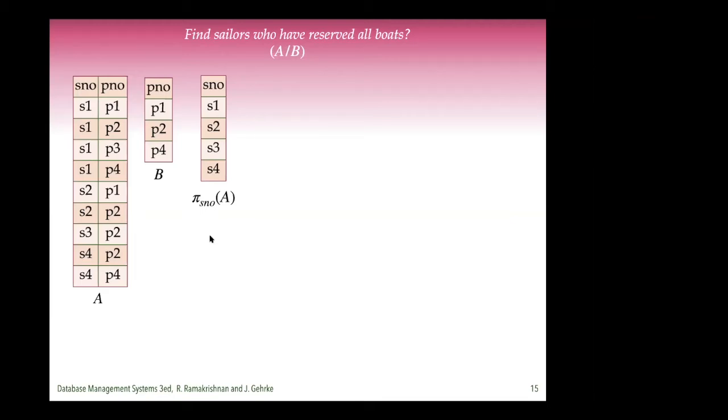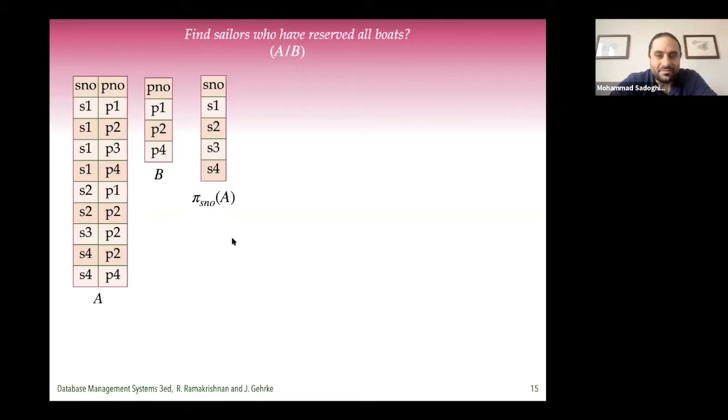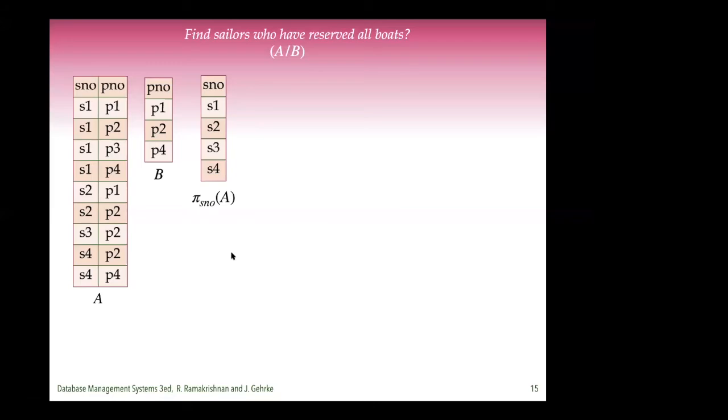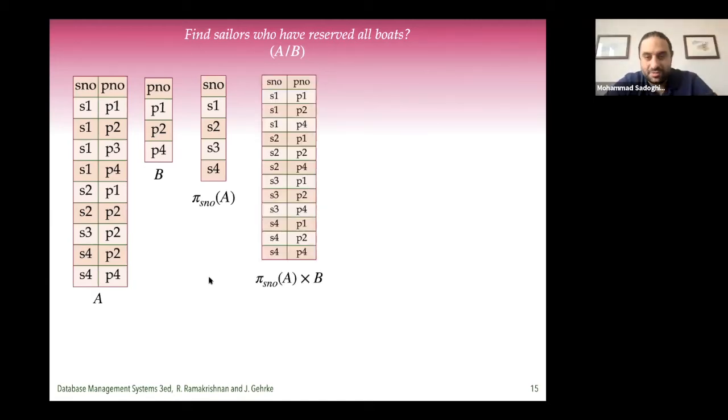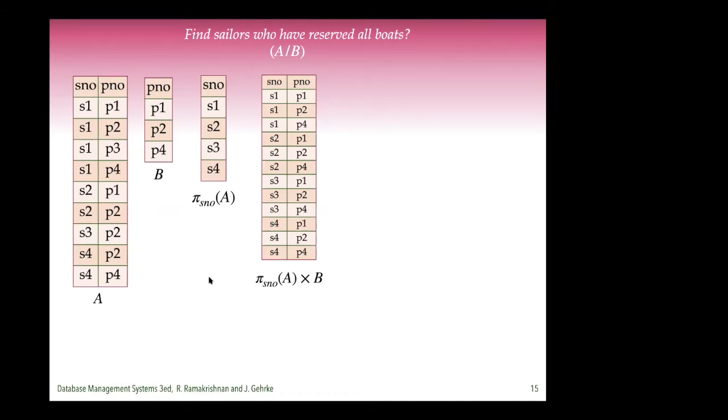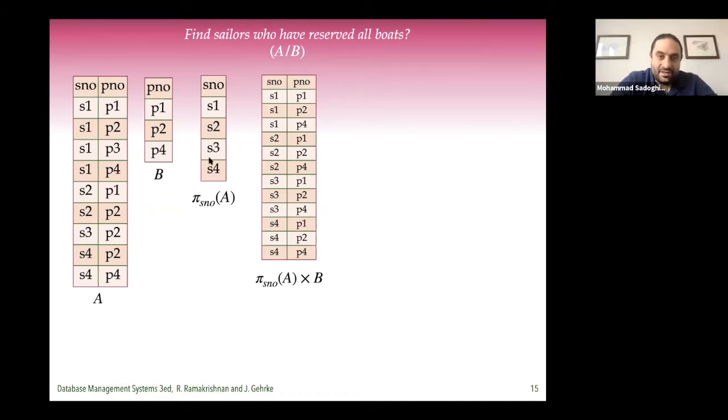I guess the cross product of B and A. Okay. All right, and what would that give us? That's the cross product of what you just said: the list of all sailors and the list of all boats.